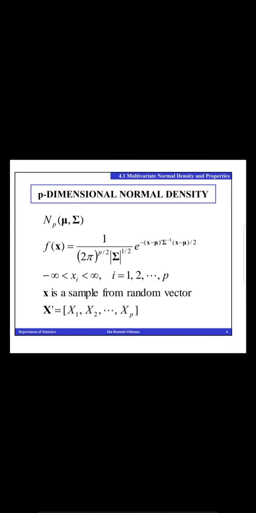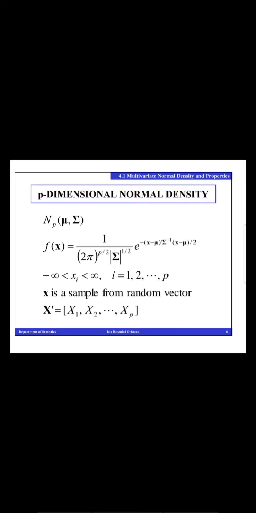The joint density function of x1 up to xn is obtained when you multiply every normal density function. Let's recall the normal density function of p dimensions, the PDF that you have learned before this.